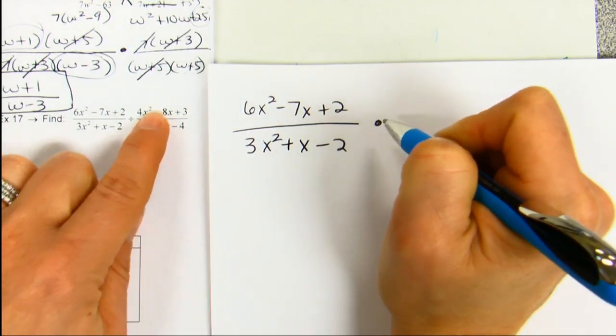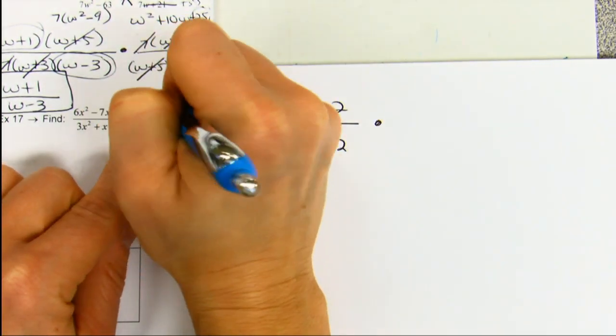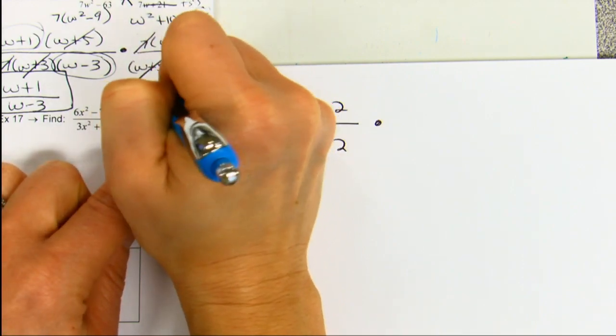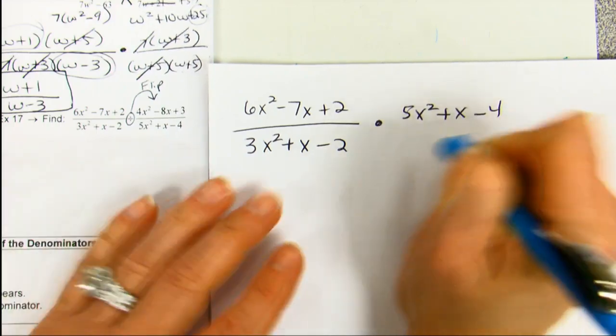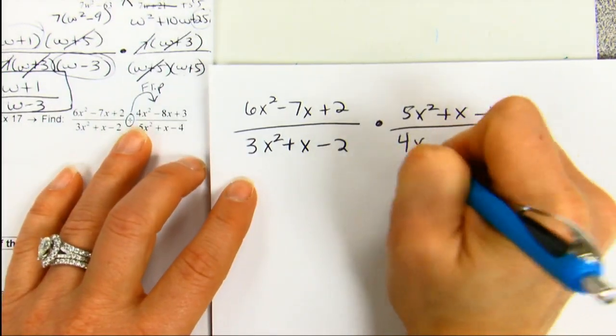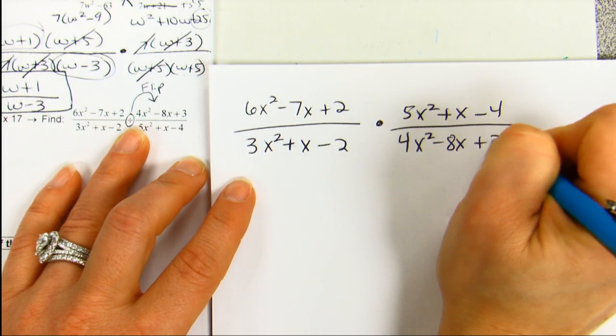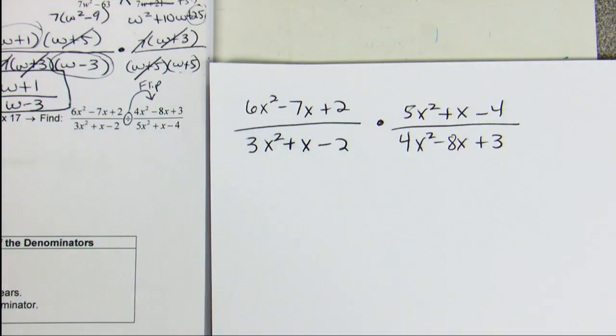But we're flipping this because it says divide. So because of the division symbol, we flip it. So my 5x squared plus x minus 4 is in the top, and my 4x squared minus 8x plus 3 is in the bottom. And so be sure you always flip, and then it just looks like the examples that we did before, the division of rational expressions that we learned.